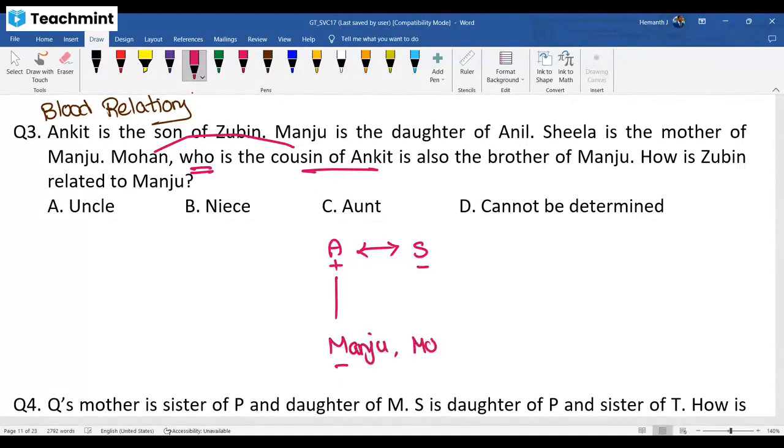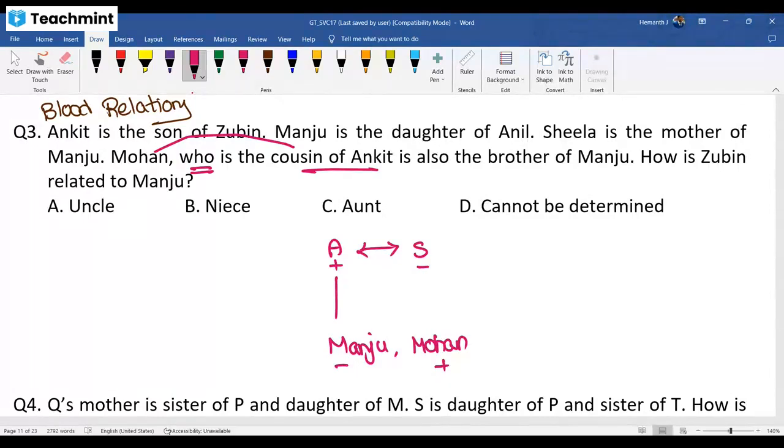And what is this cousin? Means your parent's siblings' children. Your father or mother's brother or sister's children are nothing but called cousins.